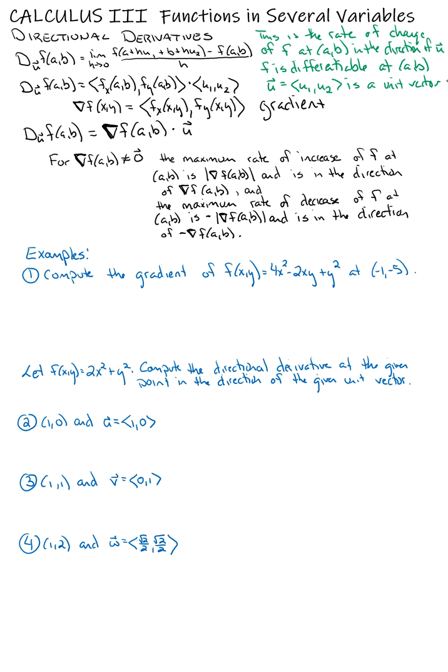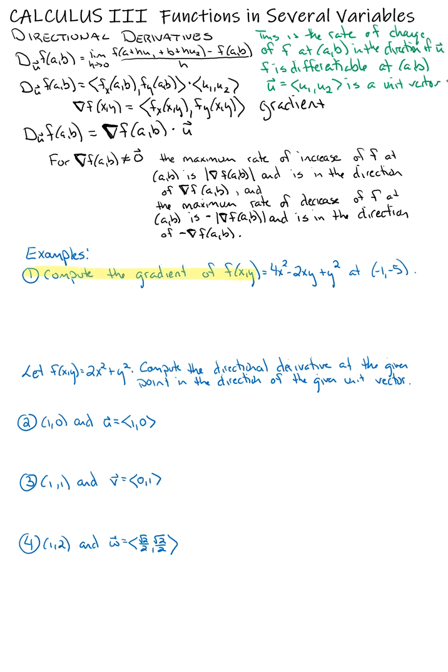So there you go. That is how we will compute the directional derivatives. Again, we will also need to remember how to determine that gradient. All right, so let's go ahead and jump down. There's some more we'll talk about in a bit, but first let's take a look at some examples.